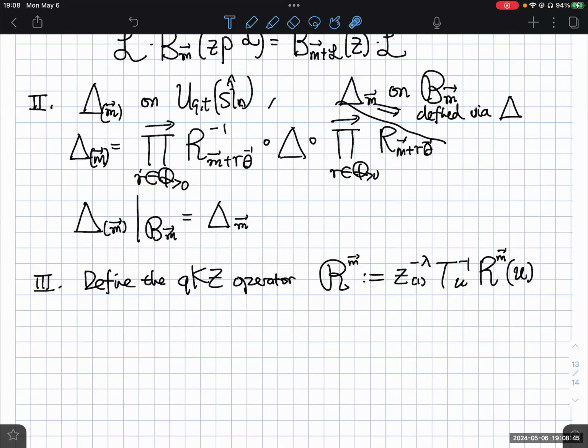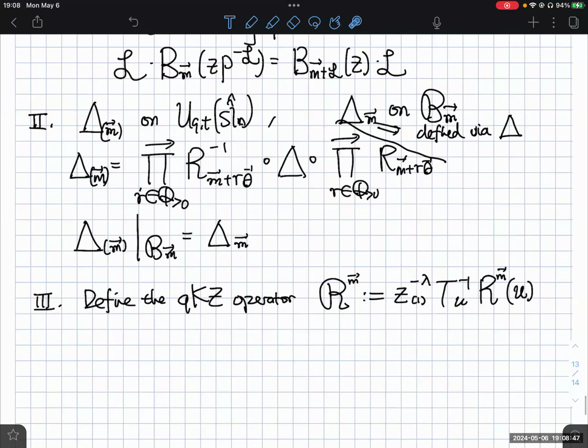If you think about this R matrix, you can think about it as just the geometric R matrix. And you can still define this kind of R matrix and prove that this operator commutes with the coproduct, to prove this fact.